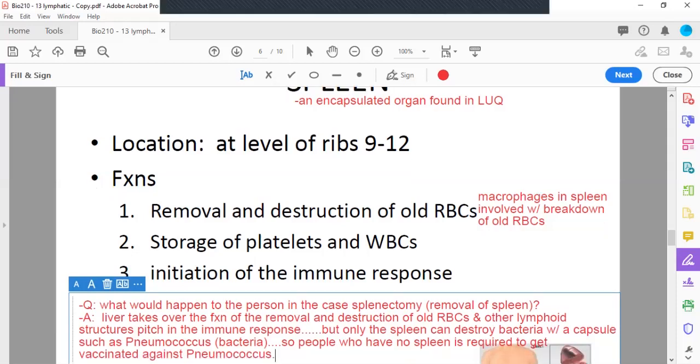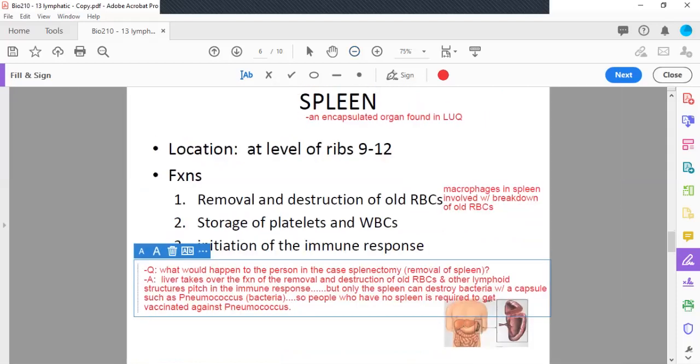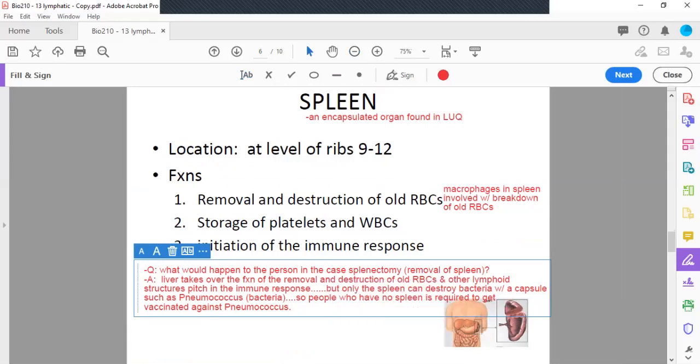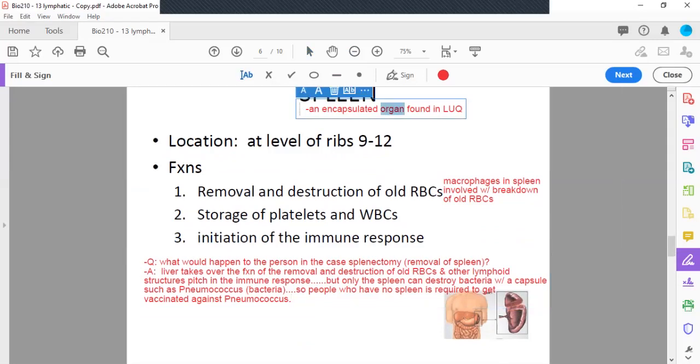All right, very good. Any question on this? I'm going to zoom out. And you can see, and I forgot to show you this, in this image right here, the spleen is in the left upper quadrant. To be more precise, we can say the spleen is lateral to the tail of the pancreas.